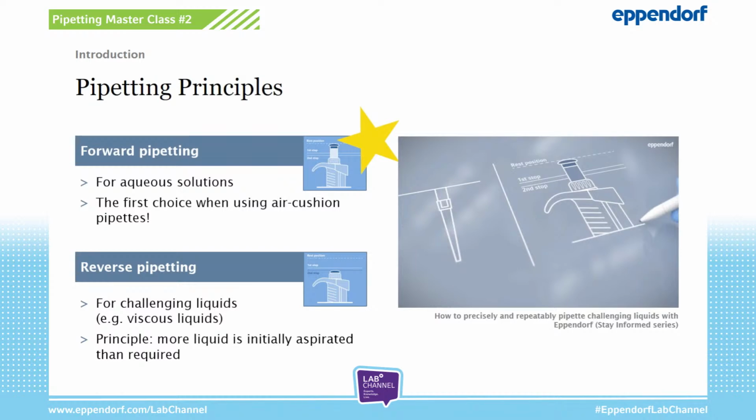Reverse pipetting is more or less a workaround for pipetting difficult liquids that differ from water in their physical properties. Consider, for example, viscous liquids such as glycerol. With reverse pipetting, a bit more of the liquid is taken up and a residue remains in the tip after dispensing. So let's take a short look at both pipetting techniques in action.